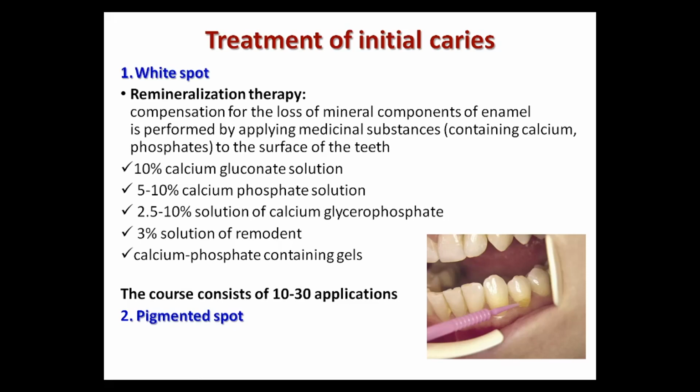For example, it may be calcium gluconate solution 10%, calcium phosphate solution from 5 to 10%, solution of calcium glycerophosphate from 2.05 till 10%, and solution of Remodent 3% concentration.